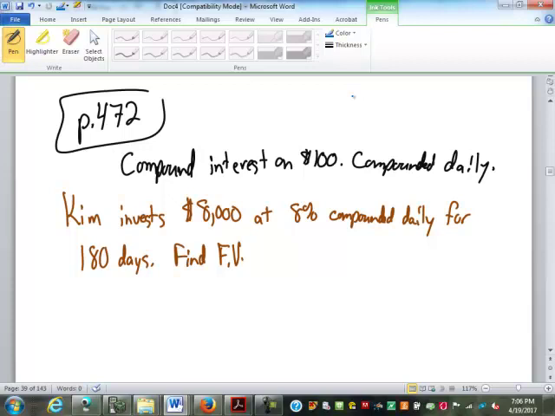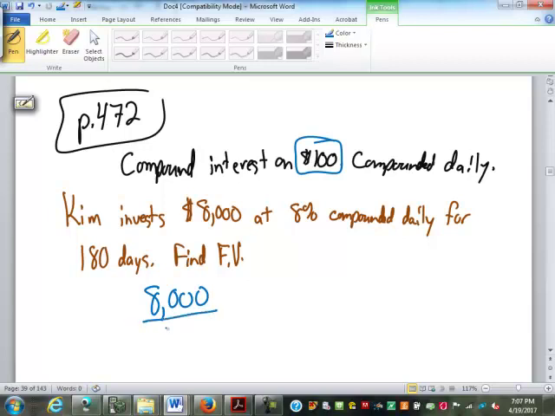I'm going to pause, make sure everybody's got this written down before we start, because this process is not as simple as the other tables. The first thing you'll notice, this says compound interest on $100. What that means is we take the amount invested, the 8,000, we have to figure out how many hundreds are in it.